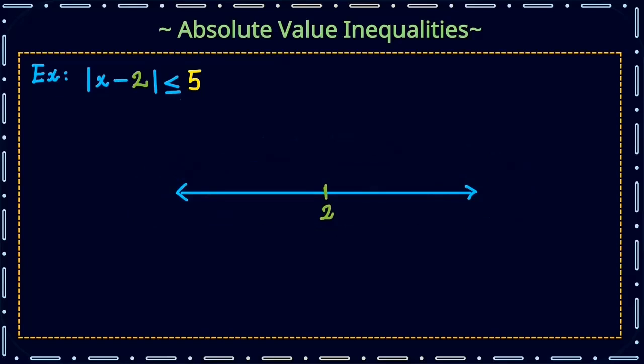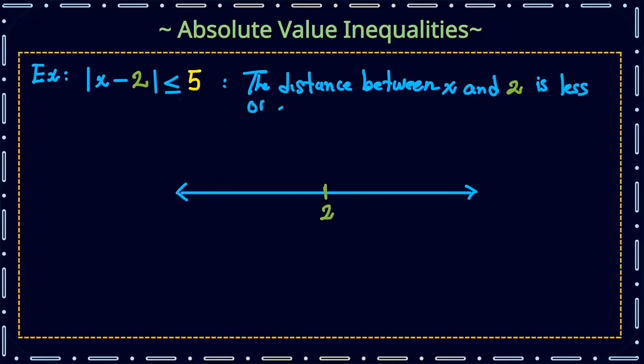So let's interpret before working with the number line. This reads as the distance between x, and remember that here x is your unknown, and 2 is less than or equal to 5. Now let's look at it on the number line. Here we are at 2, the center, and x is on the number line.